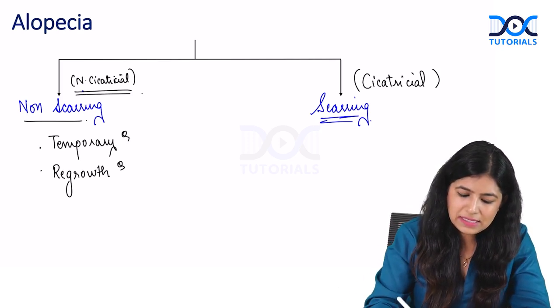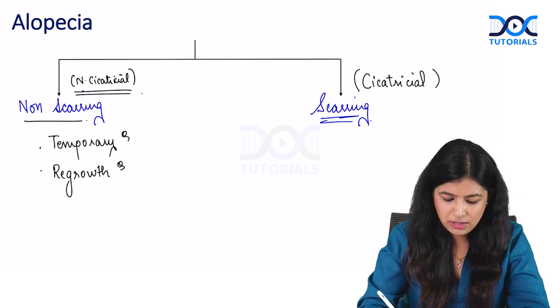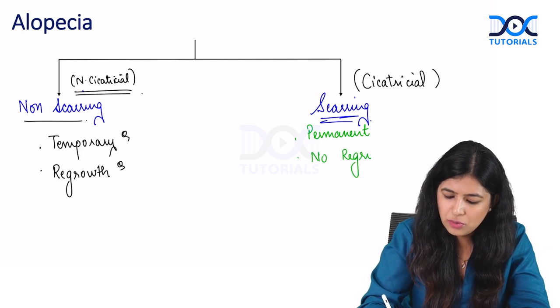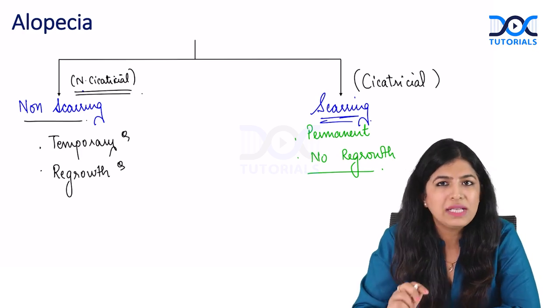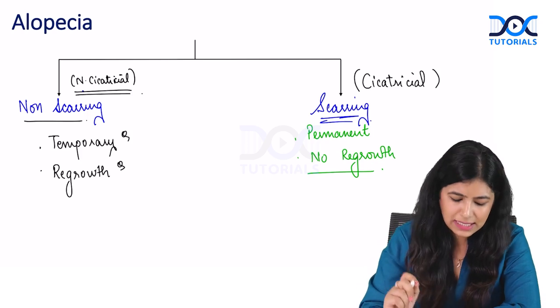On the other hand, in scarring alopecia, as the name suggests, there is scarring. So this is a permanent type of hair loss, and there is no regrowth. No hair will come back even on treatment.